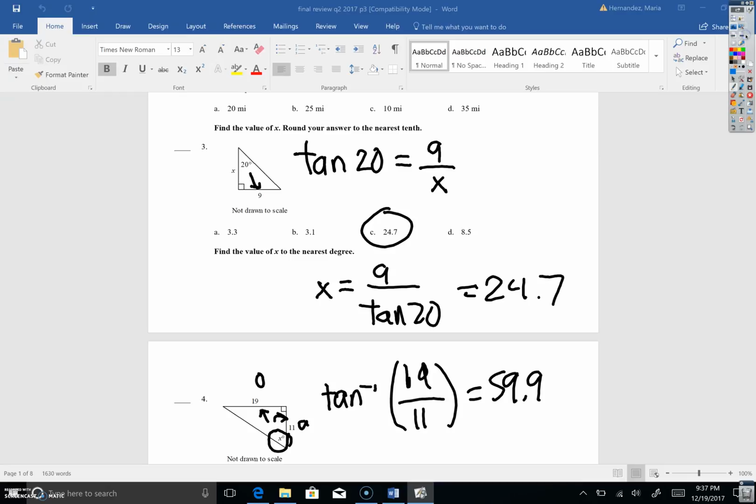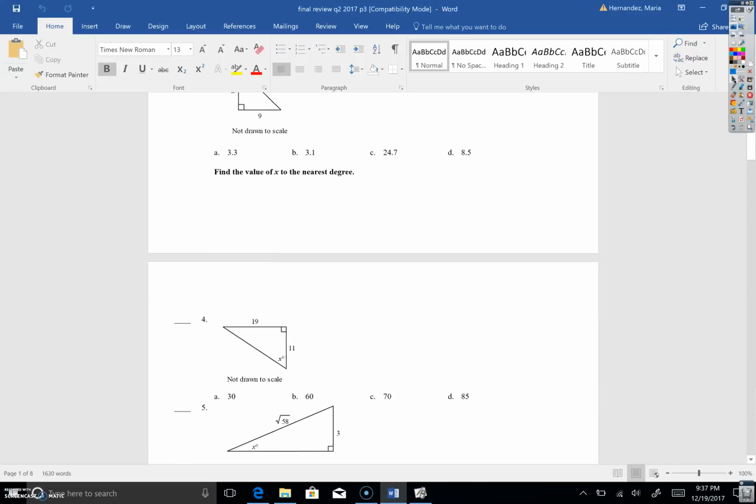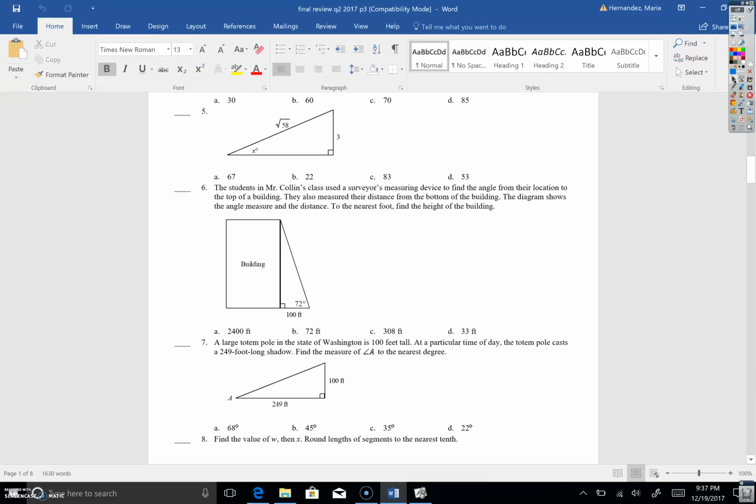Moving on. Okay, number 5. Right here, we're looking for the angle. So again, we have right here opposite over the hypotenuse. So I can say using sine, sine -1 is equal to 3 over square root of 58.